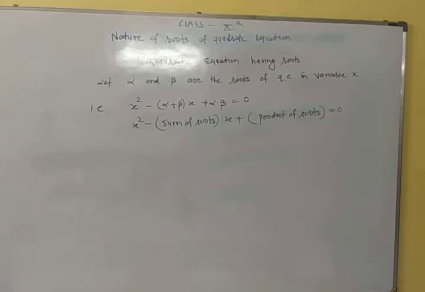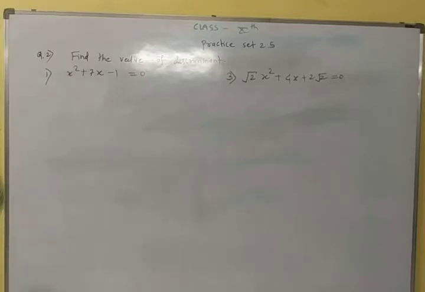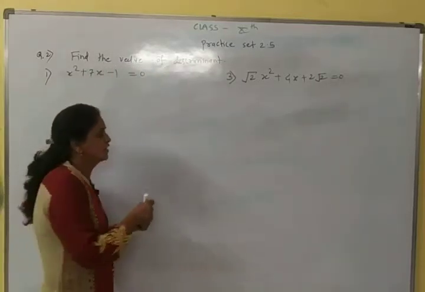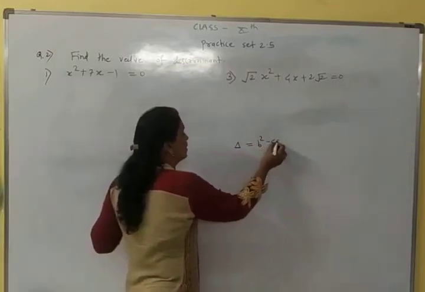Practice set 2.5. Question number 1 is an activity. You can solve the activity. Question number 2, find the value of discriminant. Discriminant means delta, and delta means b square minus 4ac.